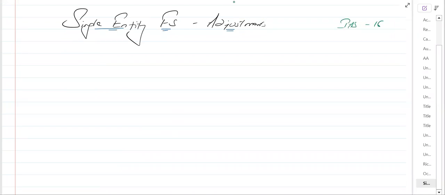This is one of the regular standards that you see within the single entity financial statement question, IAS 16. And then we have IAS 12, the taxation adjustment. Again, this is one of the most common adjustment within the final account question, and I don't remember any main question without this adjustment.